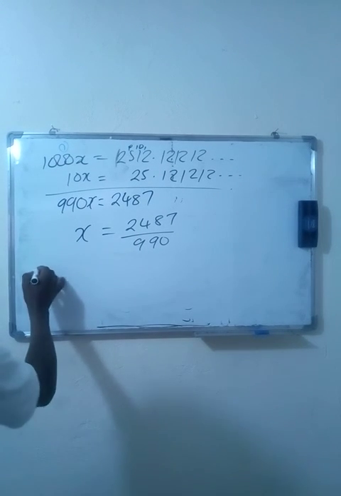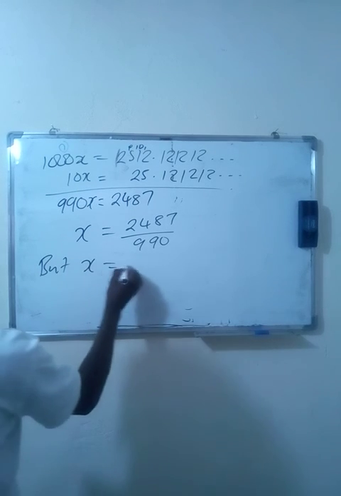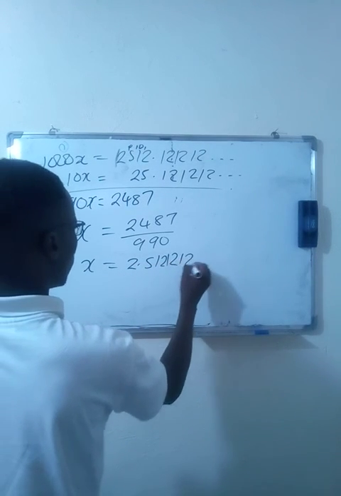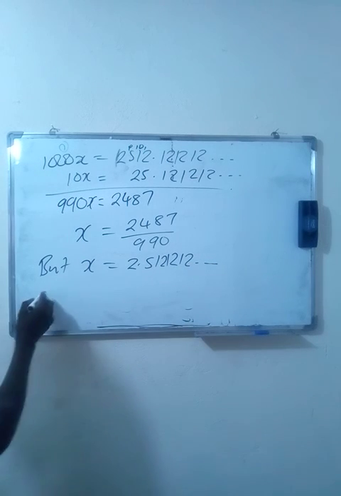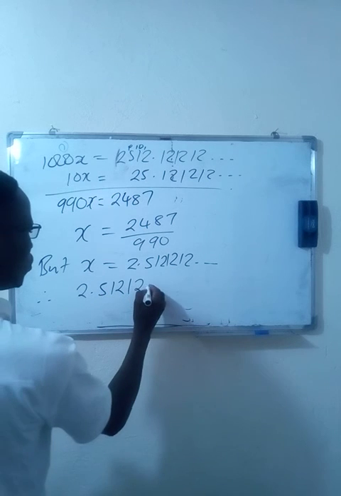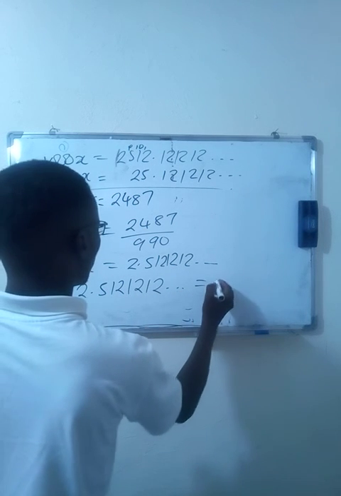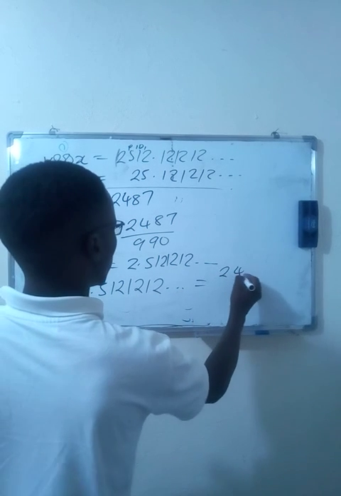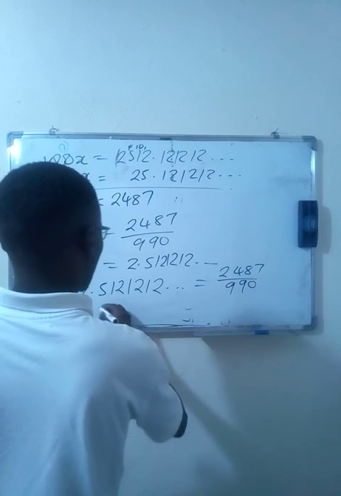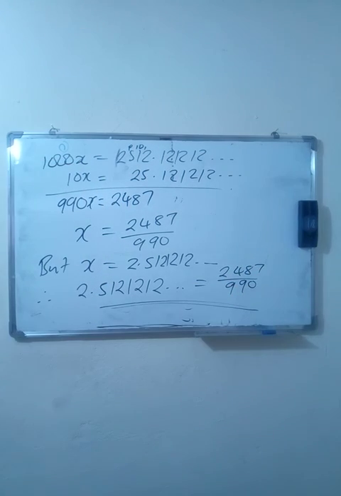We already said that x is equal to 2.5121212, so therefore 2.5121212 is equal to 2487 divided by 990. So that is our answer. That's how you work out these types of questions.